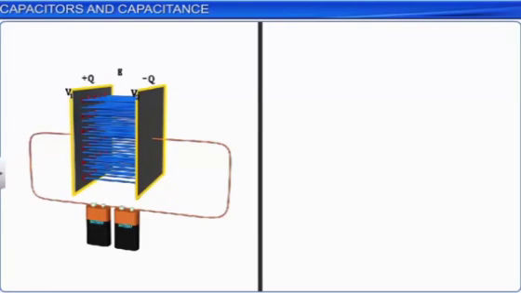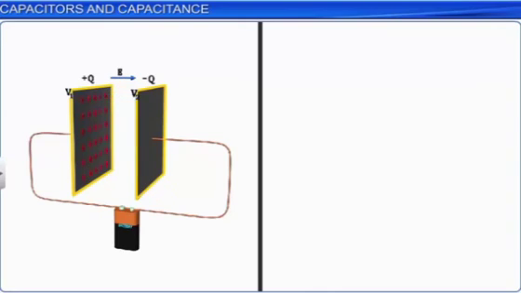Since the potential difference V between the plates increases linearly with the charge on the capacitor, Q and V are proportional. Hence, the ratio Q by V is equal to C, where C is a constant, which is the capacitance of the capacitor considered.